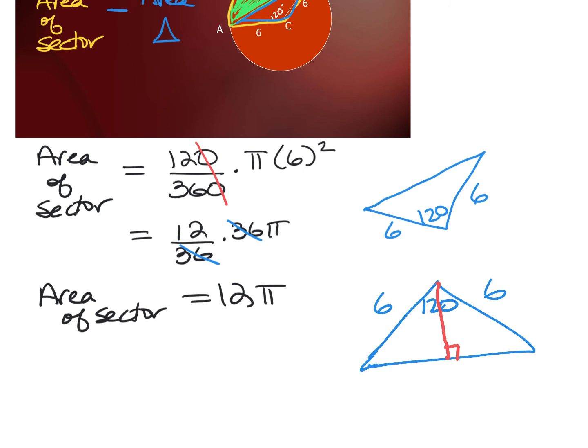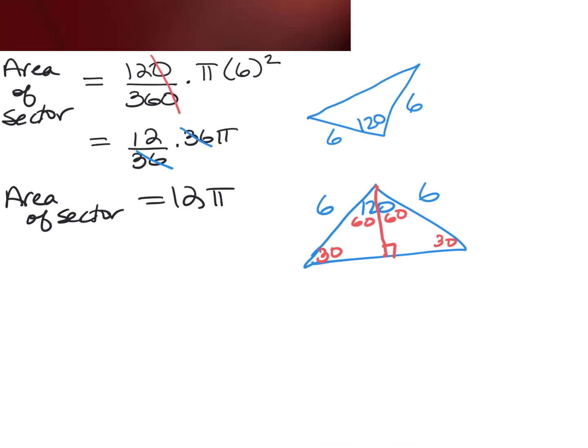It works like this when it's an isosceles or equilateral. So notice, because this is a perpendicular bisector, this 120 up here is now 60 and 60. And then I have 30 down here.